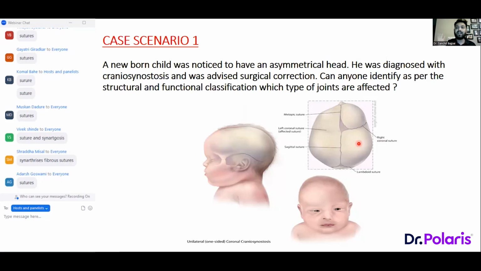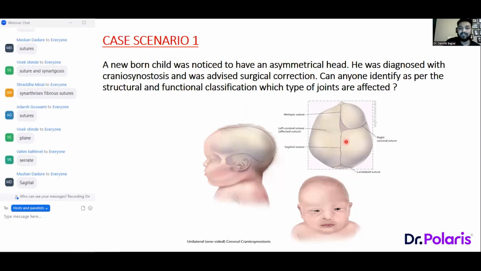Now, can anyone tell me under what type of suture this particular suture will come? I've told you 5 varieties of sutures. What is this variety of suture in between two parietal bones? We have got multiple answers here also. Vivek answered plain.